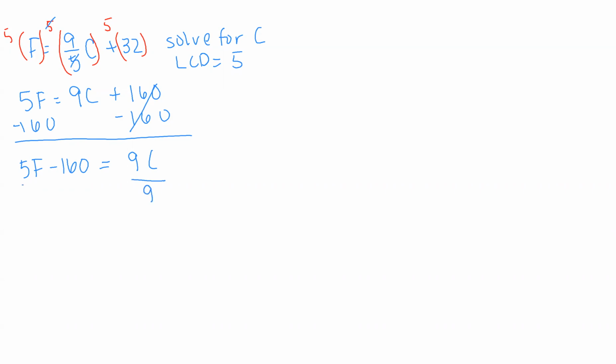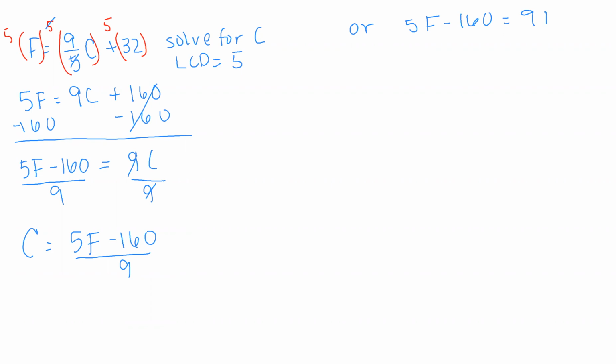You can either divide both sides by 9, or you could divide each term by 9. It's really kind of up to you. So we have c equals 5f minus 160 over 9, or we have 5f minus 160 equals 9c rather.